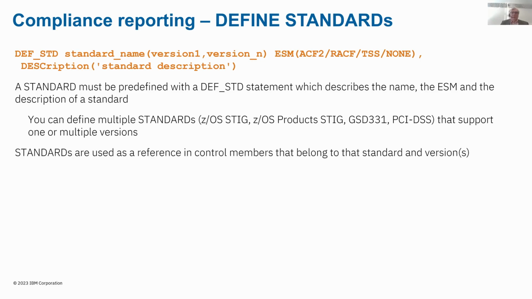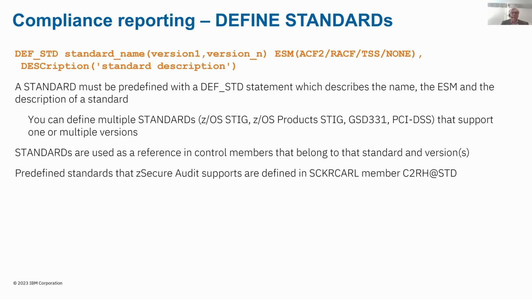So the standard name is used in the rules, and we have the def standard names for two purposes. One, to make sure that we don't make typos, and secondly, that we define which versions exist of a certain standard. And I'll come to that, why that's interesting.